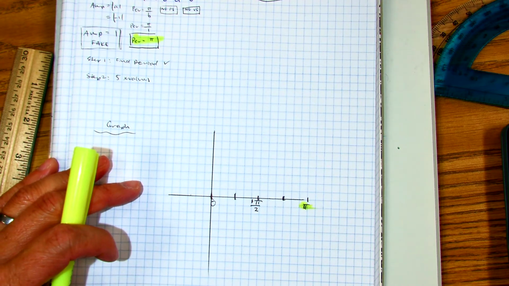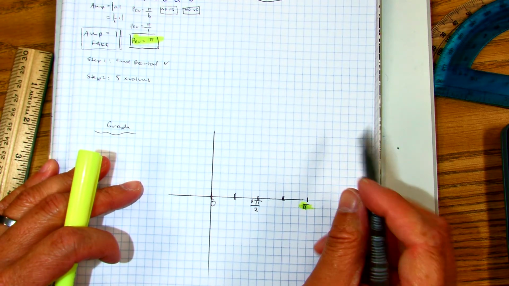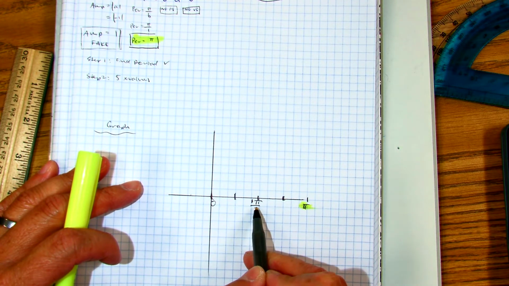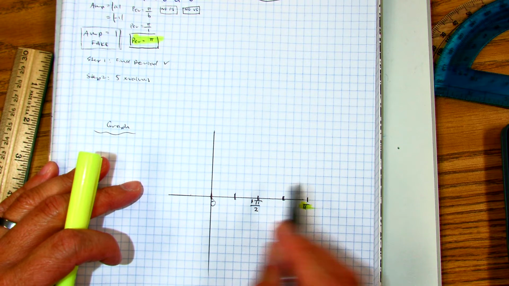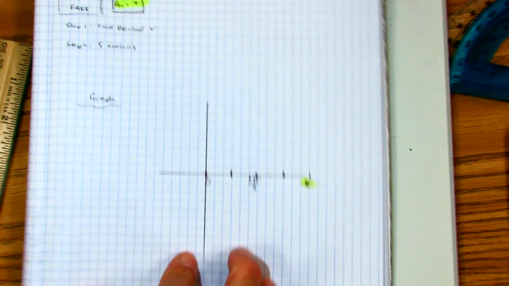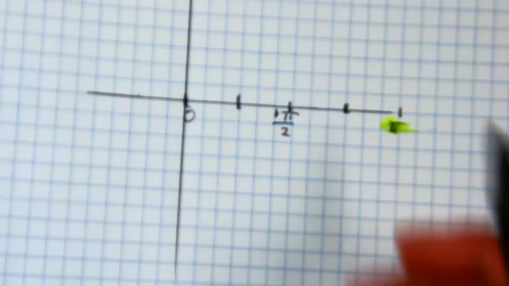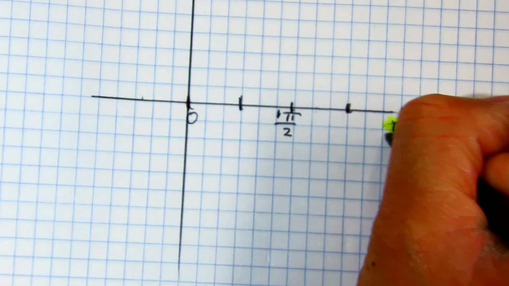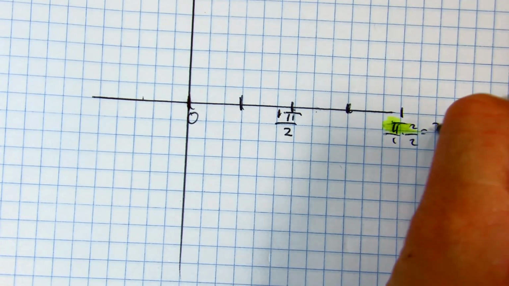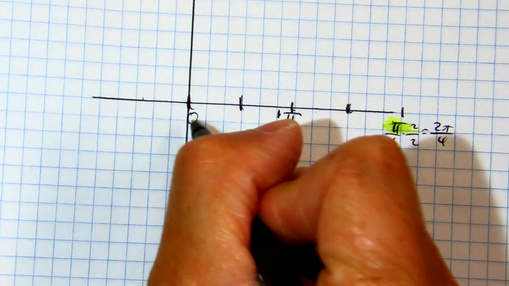Now, let's make this one a fraction, but with the denominator of 2, so you would have to have equivalent fractions. Sarah R, how do I make that a fraction? Good. So I'm going to get 2 pi over 4, and this is 0 pi over 4.